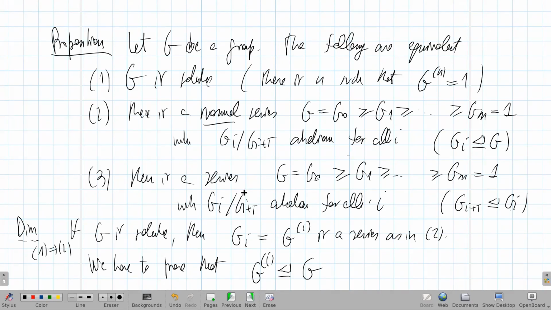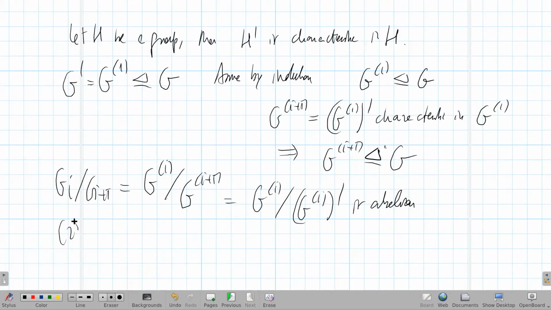A normal series is a series in which the terms are not just normal one in the other, but are normal in the whole of G. So clearly 2 implies 3, because if you forget that it's a normal series, you get a series like this. G_{i+1} is even normal in G, so of course it's normal in the next. So 2 implies 3 is obvious.